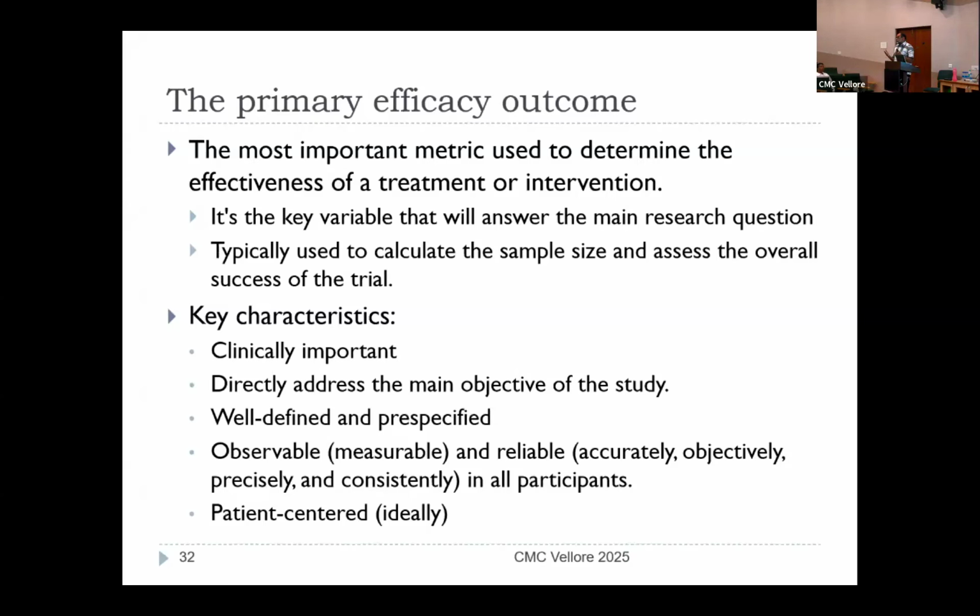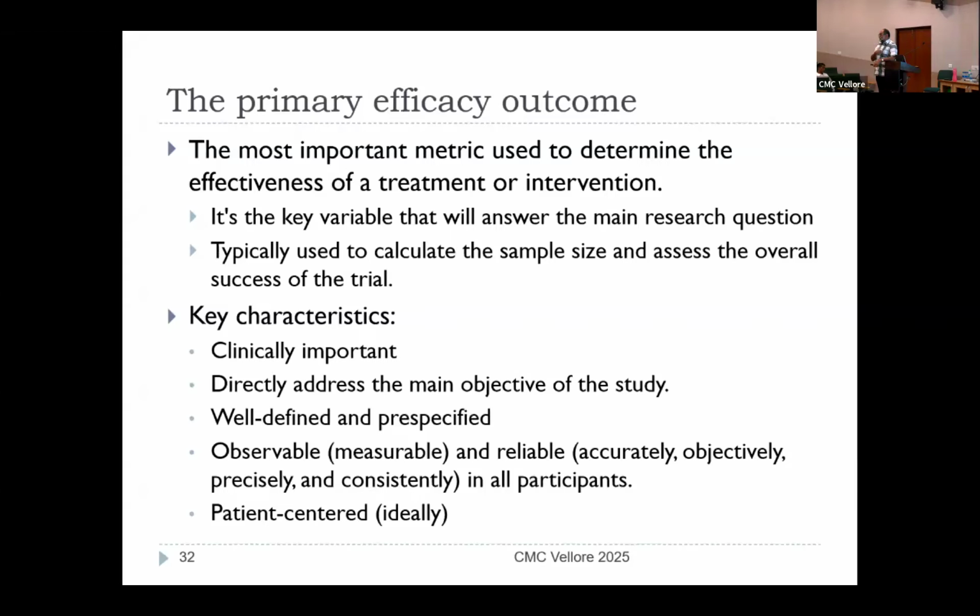Nowadays, there's a movement for it to be patient-centered, because the patient may not care that much that my atrial fibrillation is such and such. I only care about my ability to function. And so functionality may be something as a primary outcome. But then you say, oh, that's too soft, or anxiety, depression, that's patient-centered, but it's hard to measure.